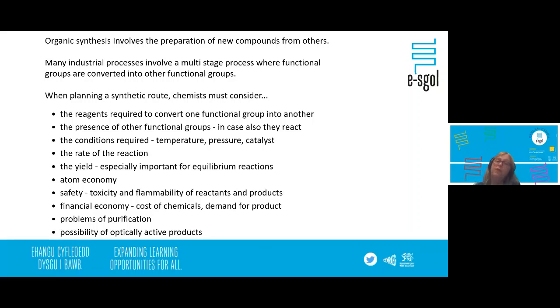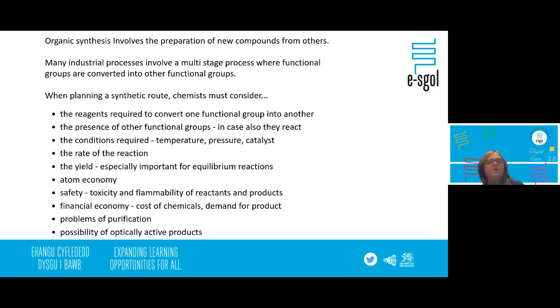So obviously you've revisited rates already this year. So what effect does the rate have on what synthetic route you decide to choose? And I've touched on things like the yield, the atom economy, the safety, whether the byproducts are safe for disposal or easy disposal or not. And obviously industry is led by money, of course, and the financial economy of it.